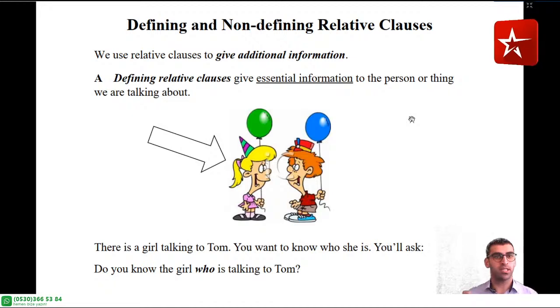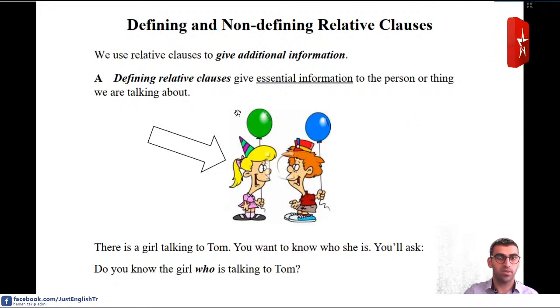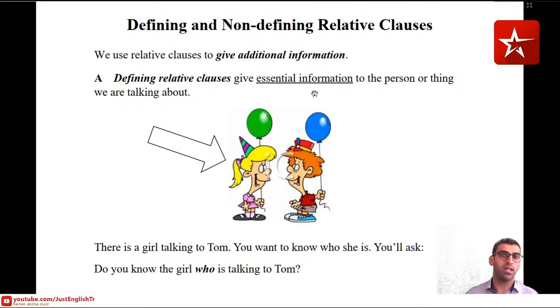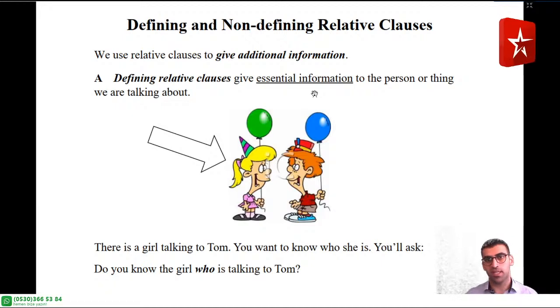We use relative clauses in general to give additional information, but when it comes to defining relative clauses, as you see here, defining relative clauses give essential information. Essential means important information we get from the defining relative clauses about the person or the thing we are talking about.